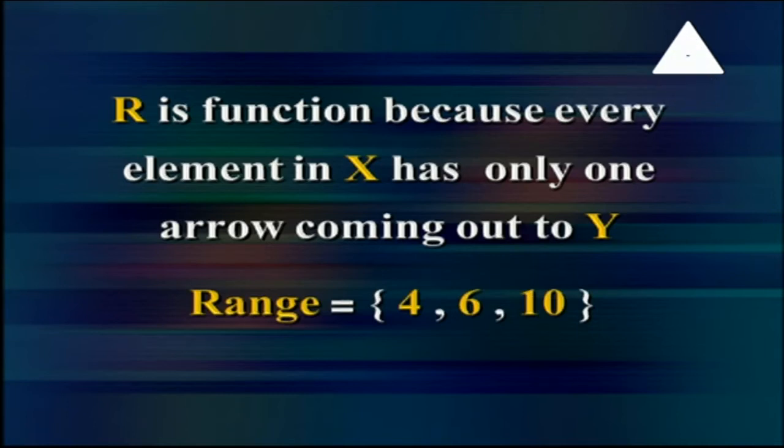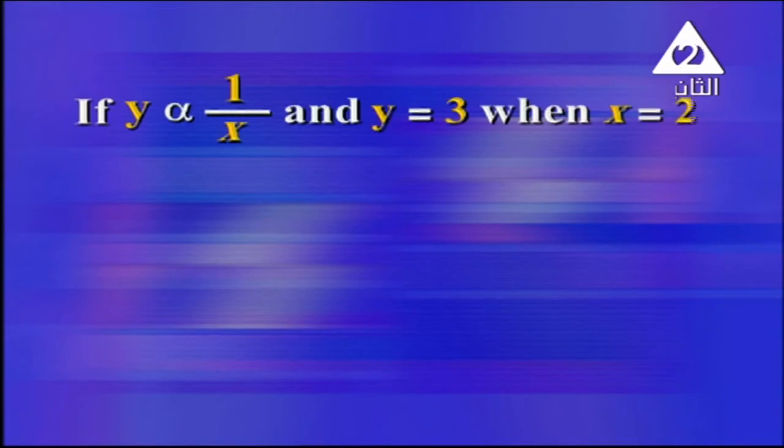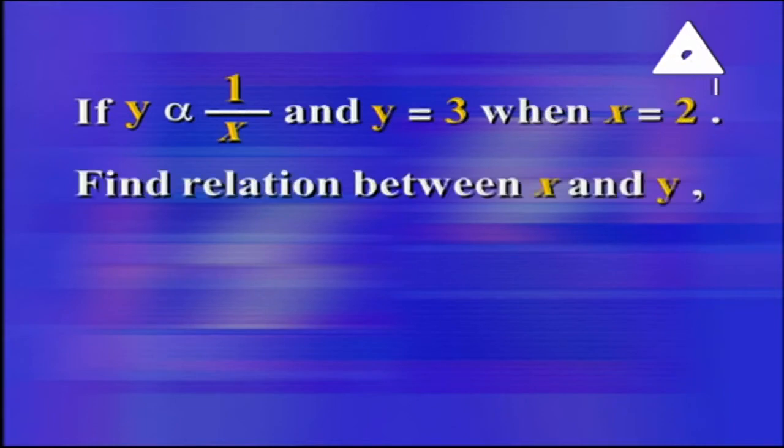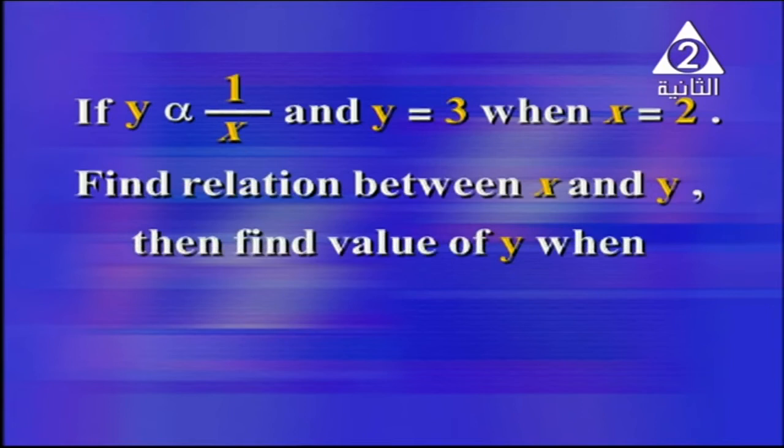Let us have another example. If y varies as 1 over x, y equals 3 when x equals 2, find the relation between x and y. Then find the value of y when x equals 3 over 2. First of all, y varies as 1 over x, so we can say that y equals m over x.